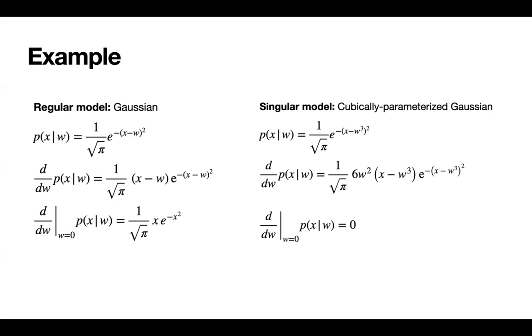But at W equals zero, the sensitivity to W equals zero is very different. So the Gaussian model is totally sensitive to perturbations at W equals zero, but the singular model isn't, and that will change this local learning coefficient between these two models.